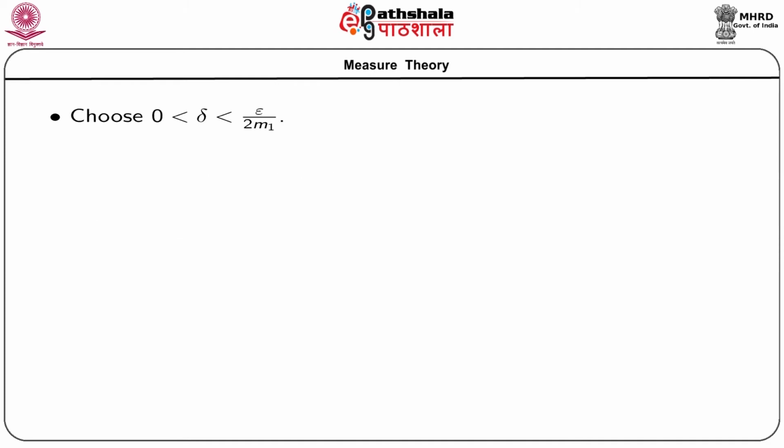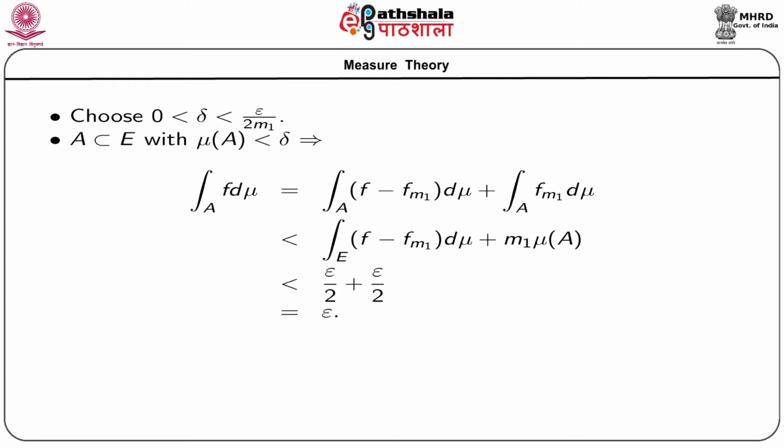Now, let us choose our desired delta in this way: 0 less than delta less than epsilon by 2 m 1. See that when epsilon is fixed, the positive integer m 1 is also fixed.